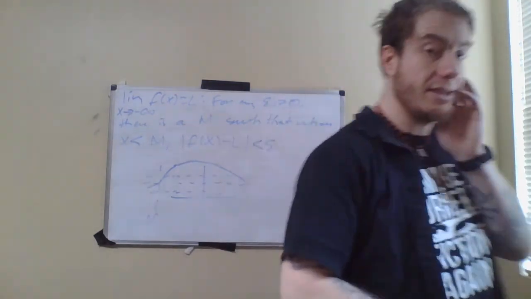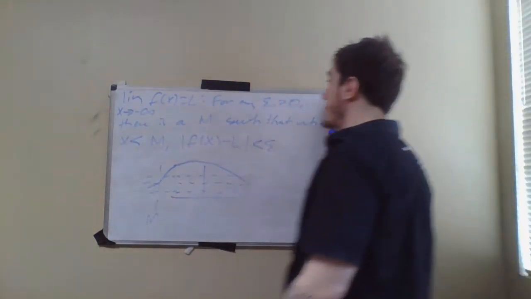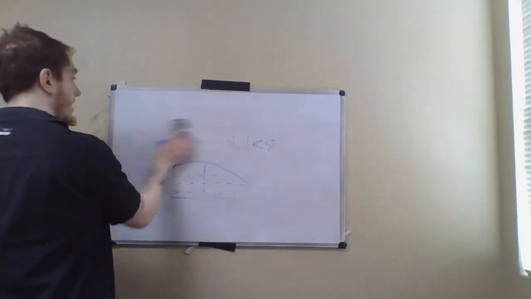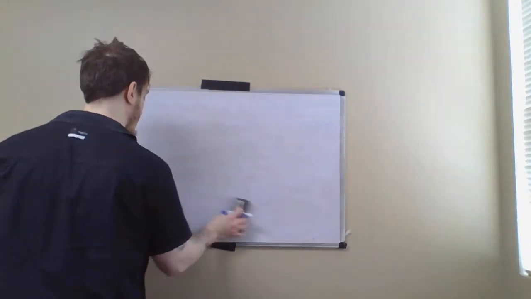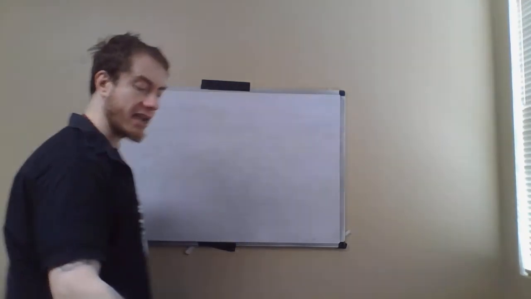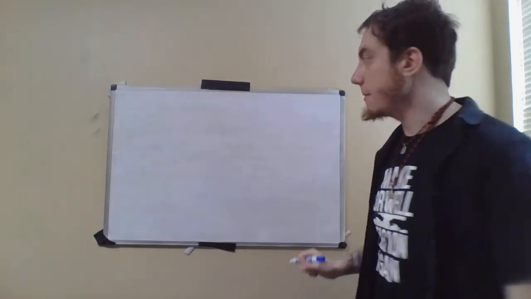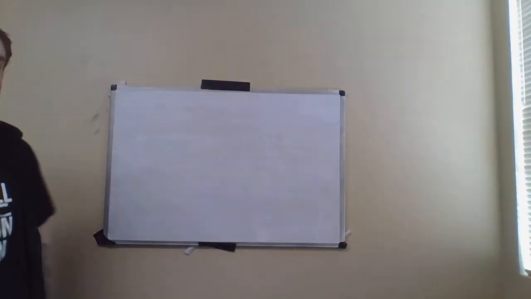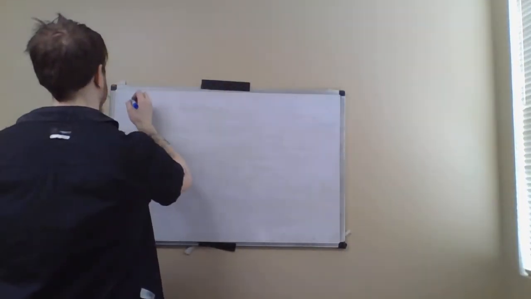Now, how do you calculate these things? Well, calculating them in general can be somewhat tricky, depending upon what your function is. But for rational functions, we already kind of know the answer, because we know how to find horizontal asymptotes.